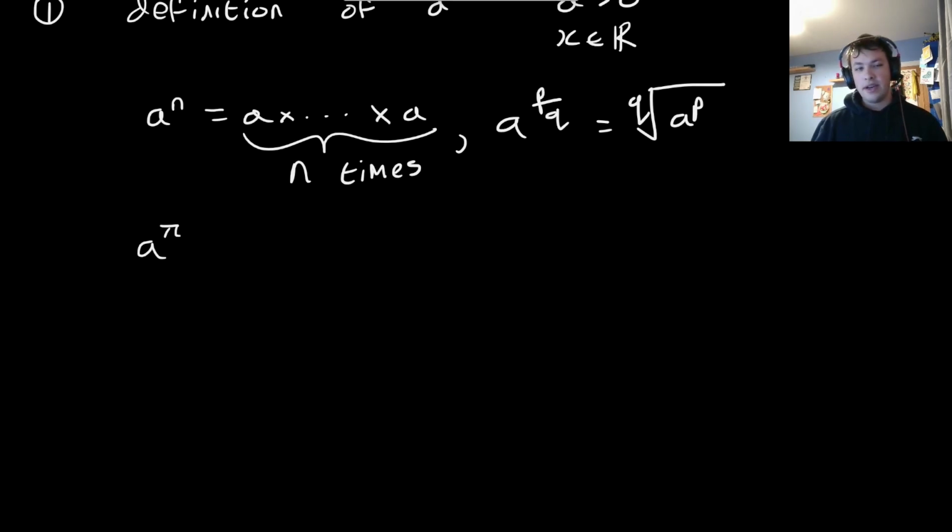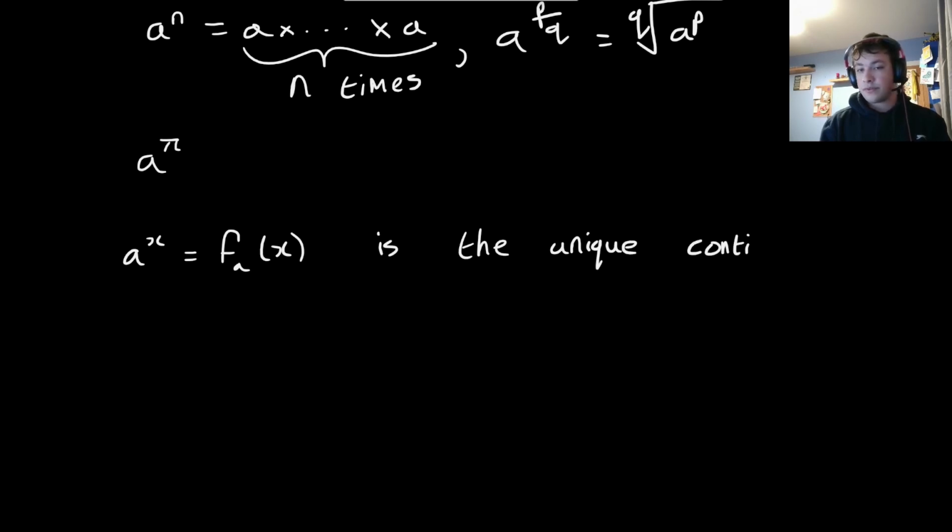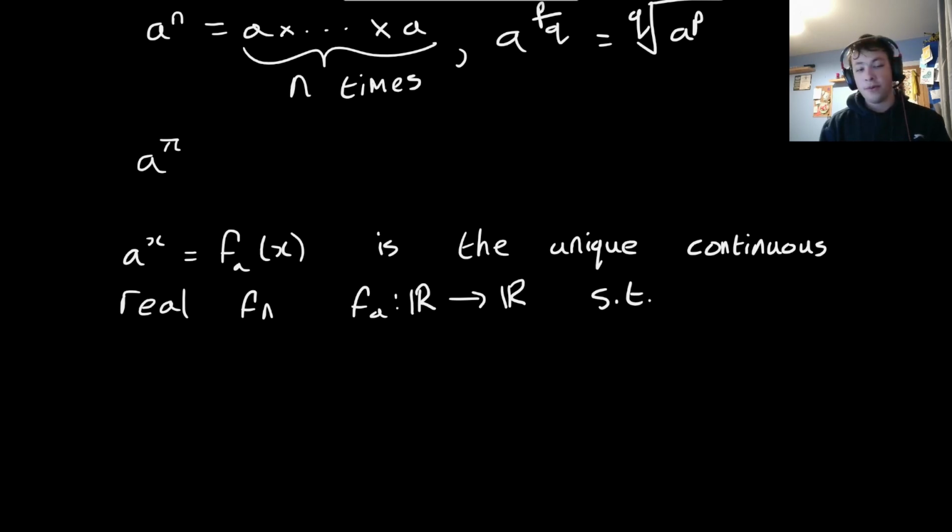I'm going to say that a to the x is f_a of x, the unique continuous real valued function, going from real numbers to real numbers, such that two properties hold. Property 1 is that f_a of x plus y is f_a of x times f_a of y.